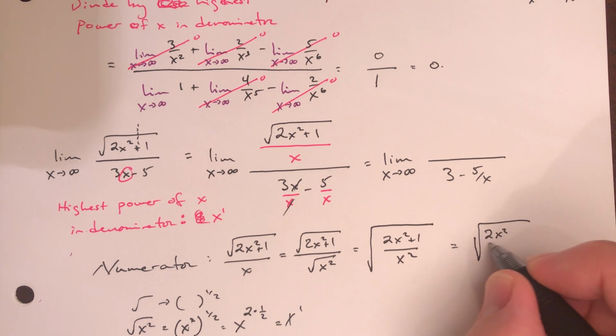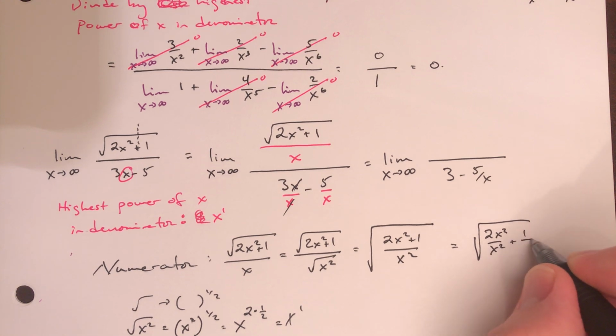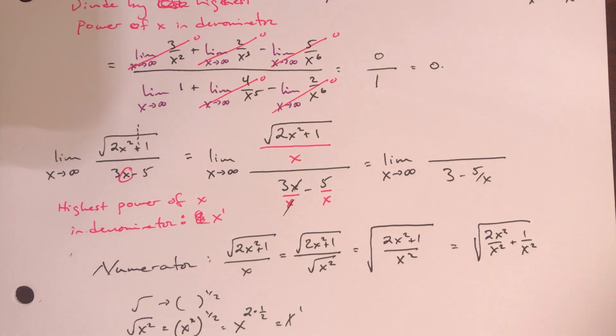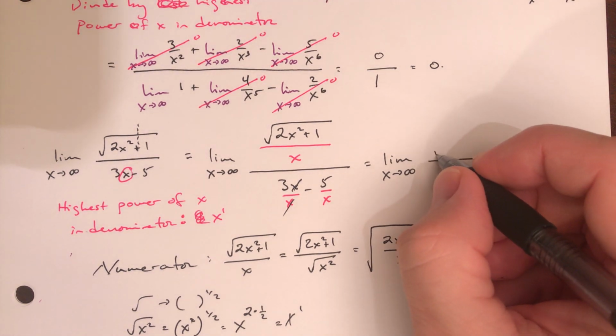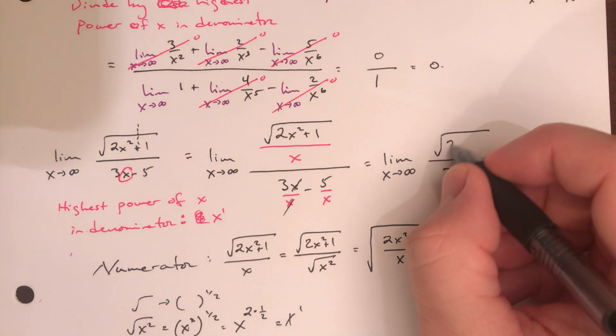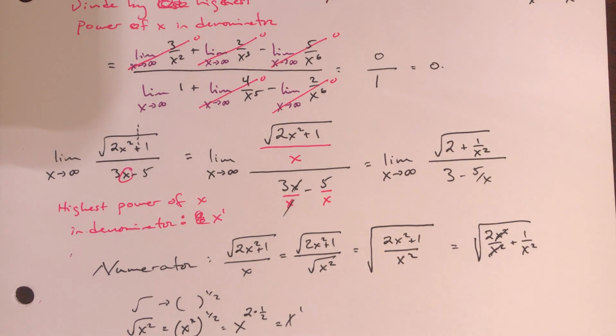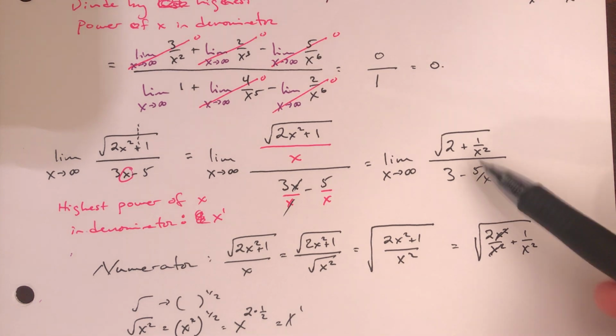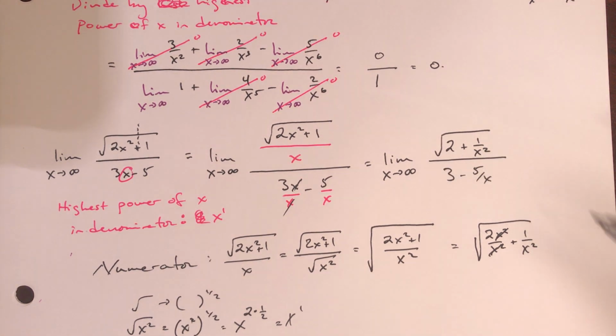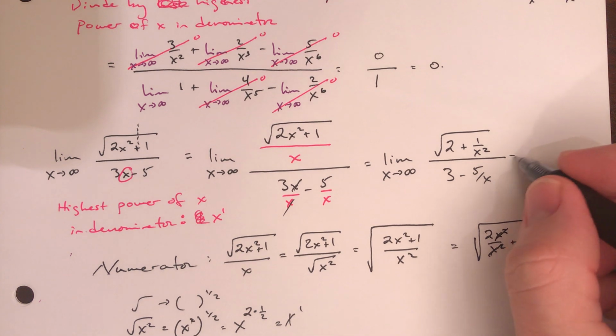That's 2x squared over x squared plus 1 over x squared, and we can cancel those x squareds. So we've simplified our numerator to just give us the square root of 2 plus 1 over x squared.